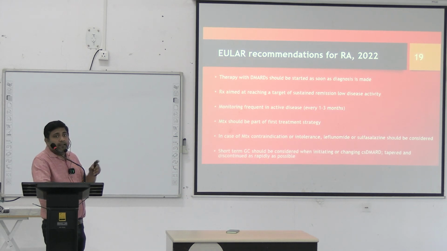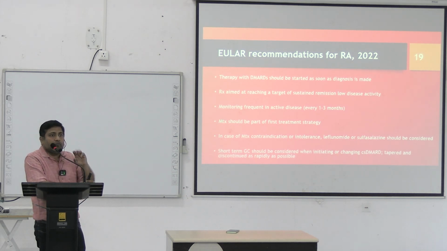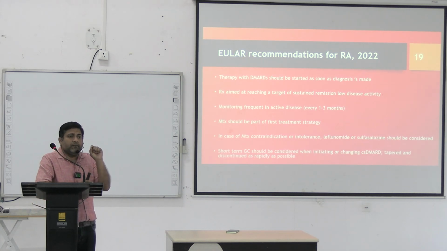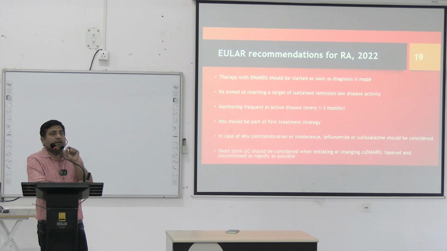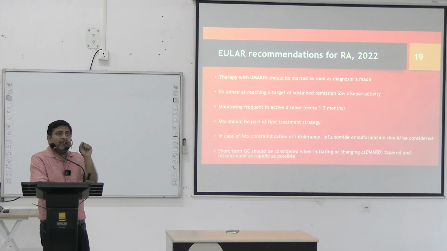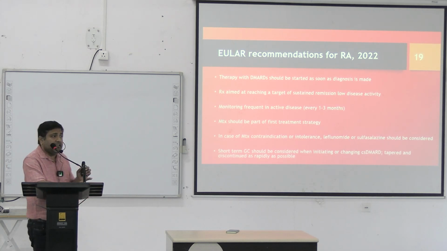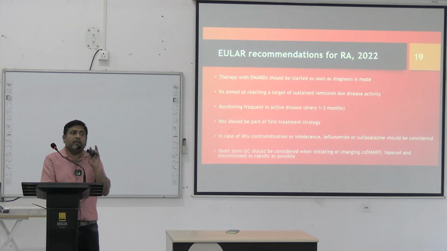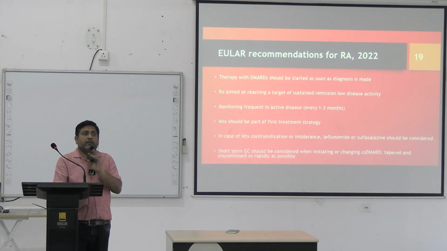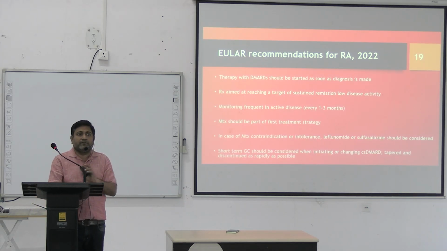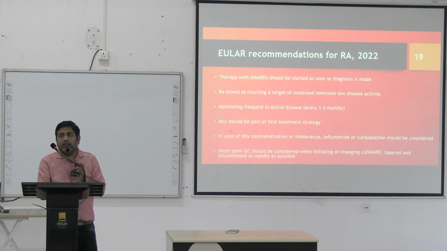Now এই গাইডলাইনে DMARD কে তিনটে ভাগে ডিভাইড করেছি। একটা csDMARD or conventional synthetic DMARD like methotrexate, leflunomide, sulfasalazine, hydroxychloroquine. These are all basically csDMARD, conventional synthetic DMARD. bDMARD, that is biological DMARD, that includes TNF-alpha receptor antibody, interleukin-1 receptor antibody and others.